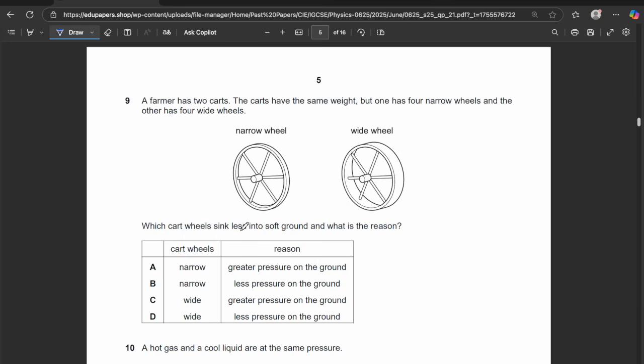Sink less means lower pressure, and we know that pressure is equal to force divided by area. We have the same force because they have the same weight, but less pressure means area is greater. So the wide wheels will have less pressure on the ground.